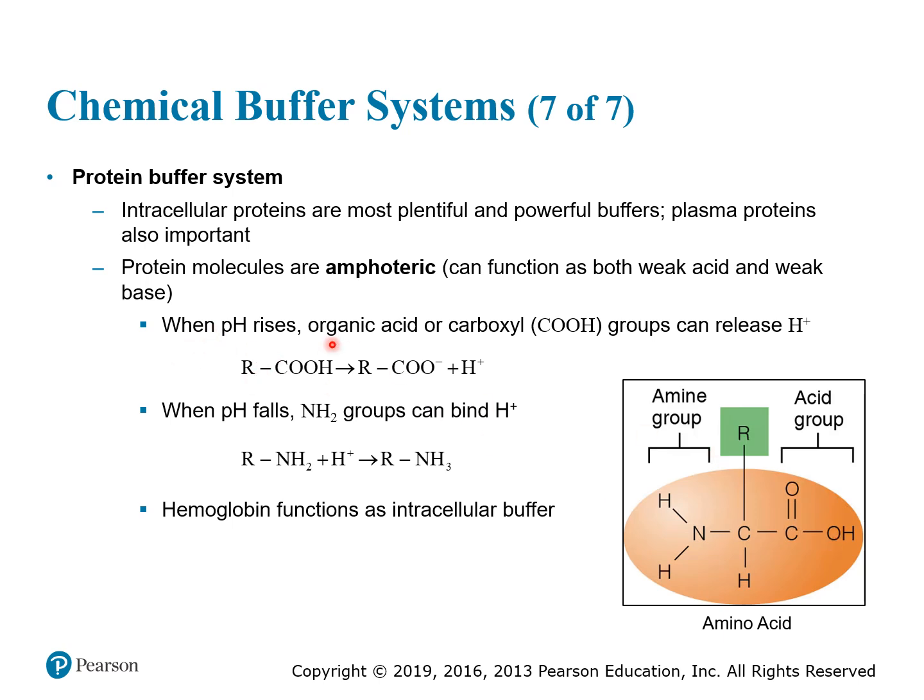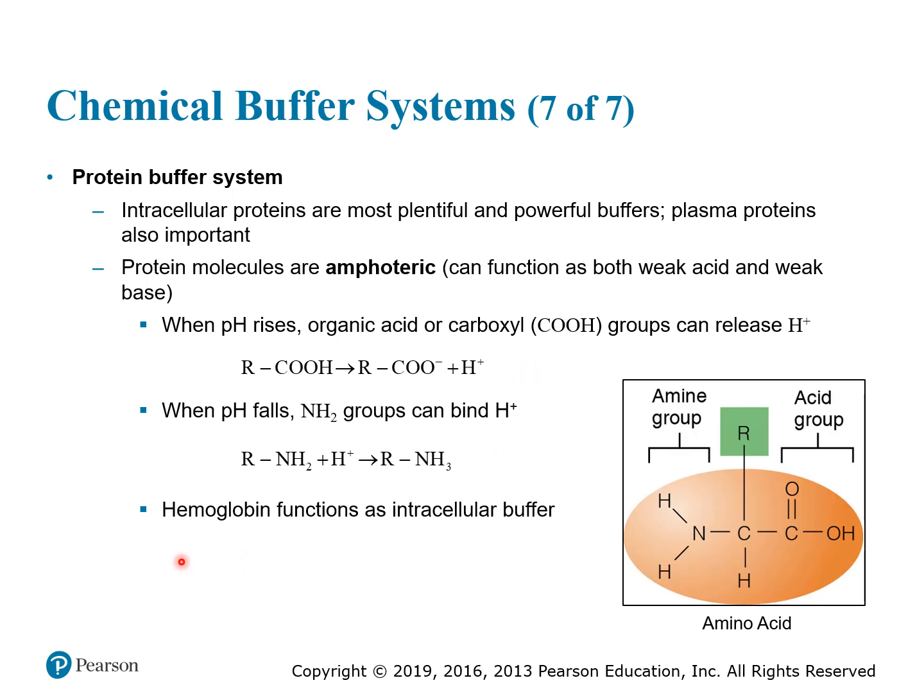When it releases hydrogen ions, the pH will increase. So this acidic part can release hydrogen ions, and when the pH falls, NH2 groups can bind these hydrogen ions and become NH3. In this way, it acts as a buffer.